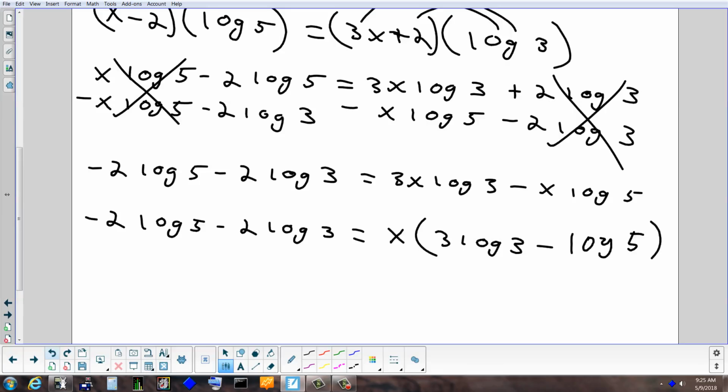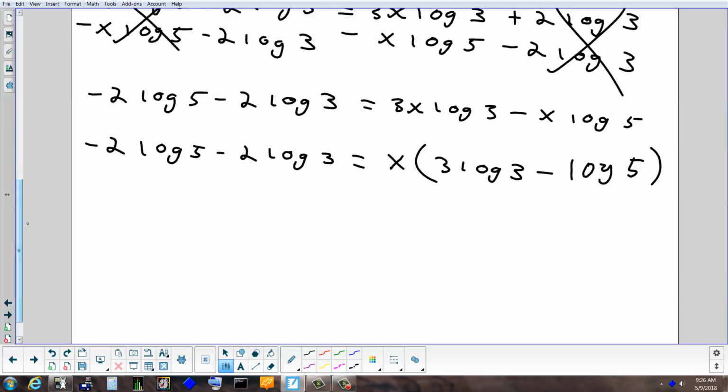Now we're at our last step. What you have right there is a number. I'm just going to make up a number, negative 10. Minus a number. Again, that's not what it equals, I'm just making up a number. Equals x times, and that whole thing right there with the logs, that's just another number.